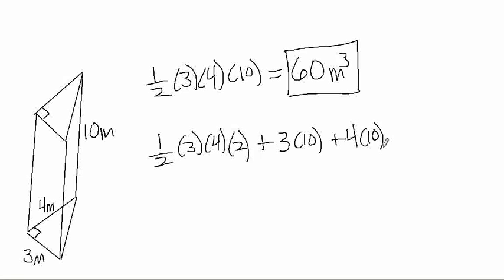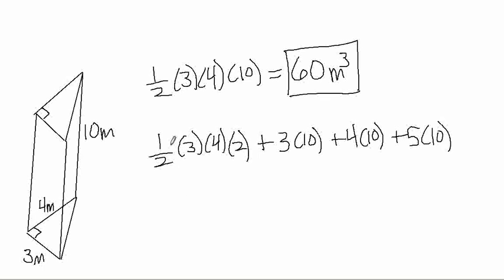And to find the area of the third rectangle, I need to know the length of the hypotenuse of the right triangle. I can find that using the Pythagorean theorem. And if you do, you will see that that has a length of 5 meters. So the last rectangle has an area of 5 times 10. All right? So now let's simplify that expression.